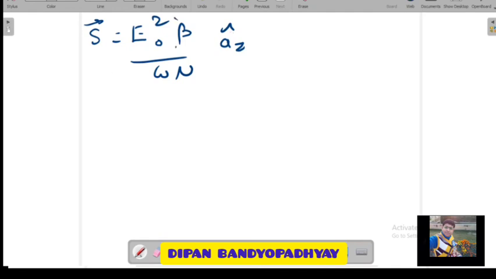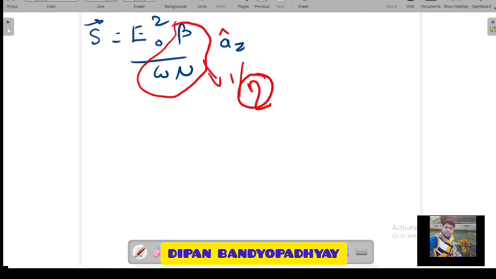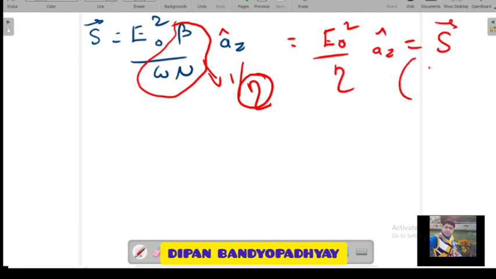And as I told you, this you can write in terms of intrinsic impedance. So later we will see that this part is the unit vector, and this part is basically 1 by eta. Eta is the intrinsic impedance, so it can be written as E naught square by eta. So this is ultimately your Poynting vector, and this is the answer for this problem.